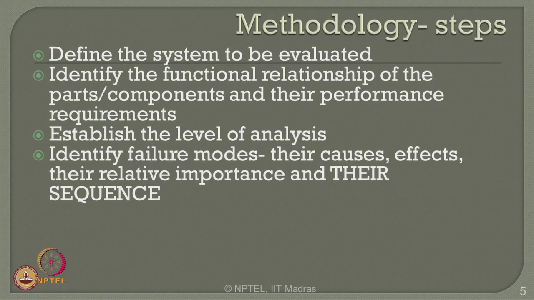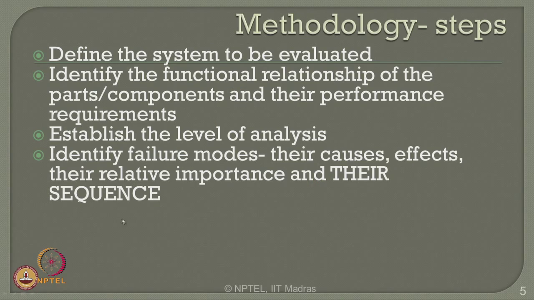Most importantly, dear friends, please note, it is not only necessary that we should know what the causes and effects are. The most important feature of FMEA is the sequence of failure. Under the given set of components, which component fails first, which component follows the failure of the first component, and so on.